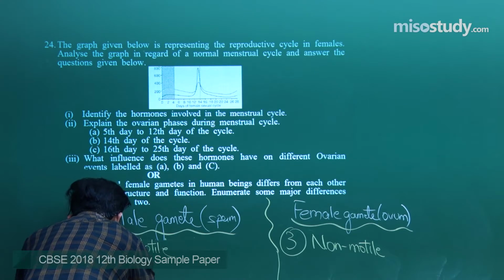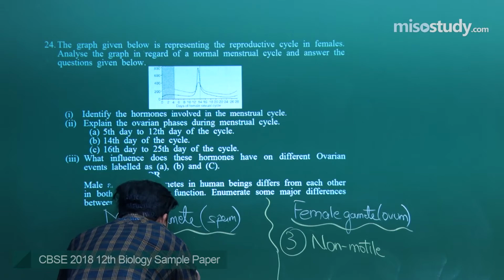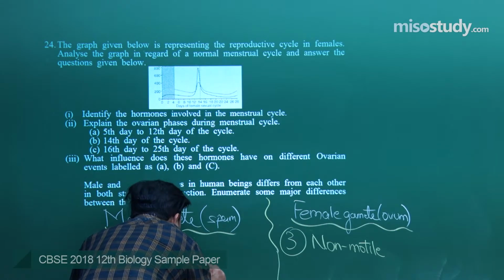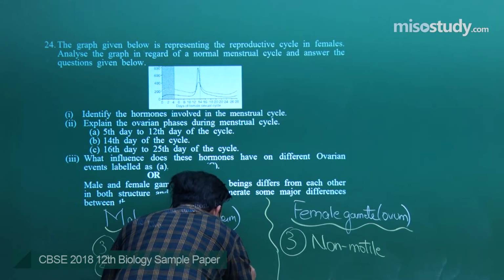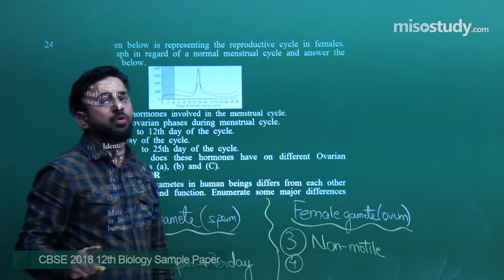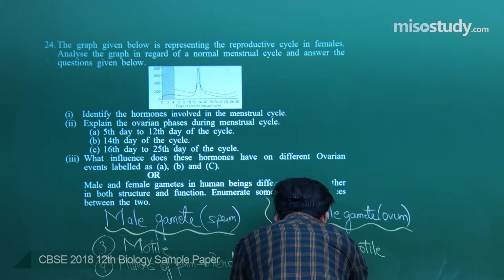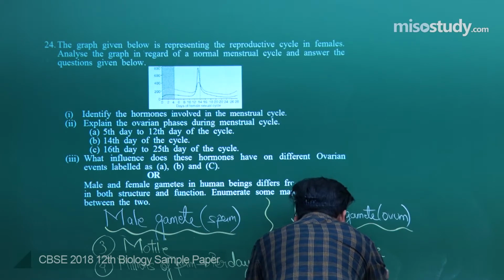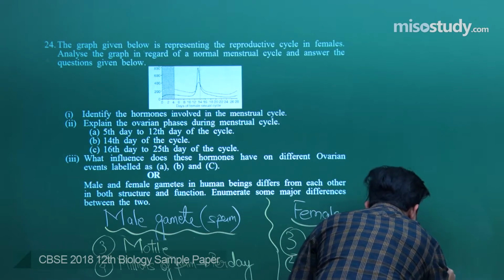Then the fourth one I'll write that millions of sperms are produced per day in humans, and here only one ovum is produced every 28 days.